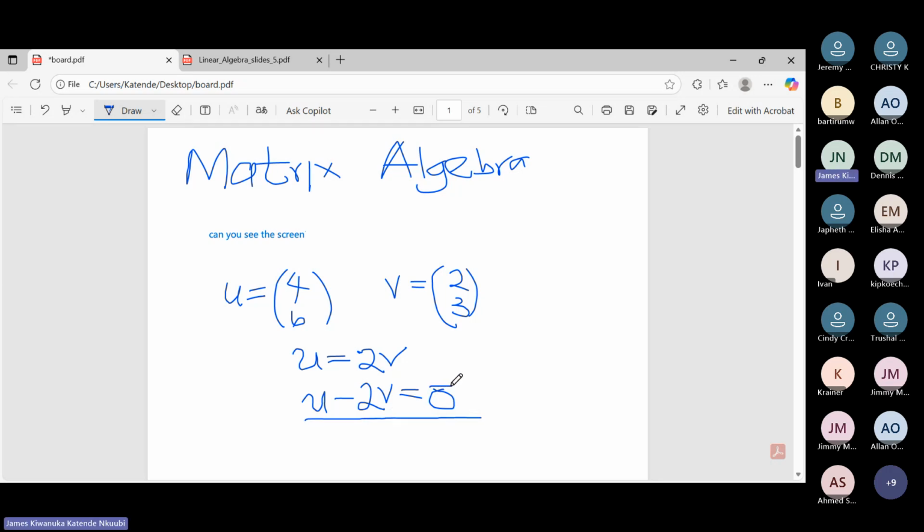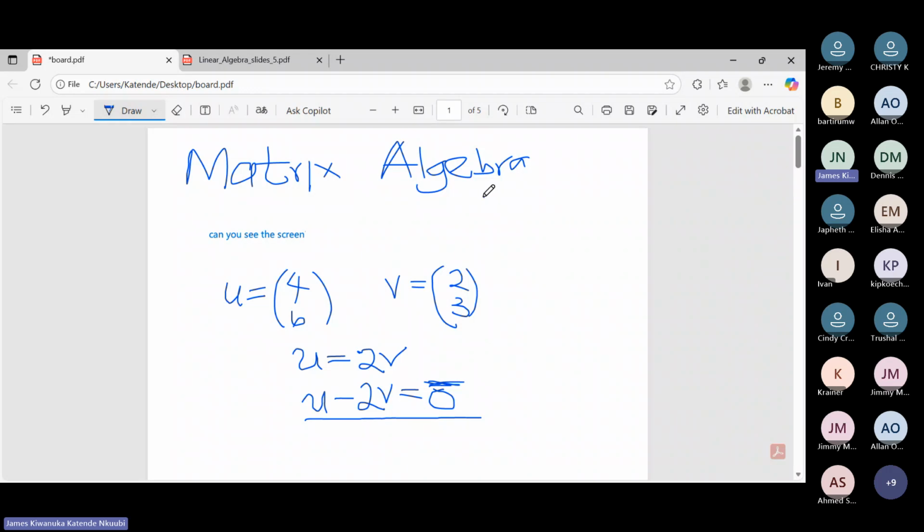Maybe if I write by hand, I can't differentiate between bold and ordinary font. So I'll use a bar to represent a vector. The bar up here means this is a zero vector, so you don't think of it as a number. What the definition says is the following.